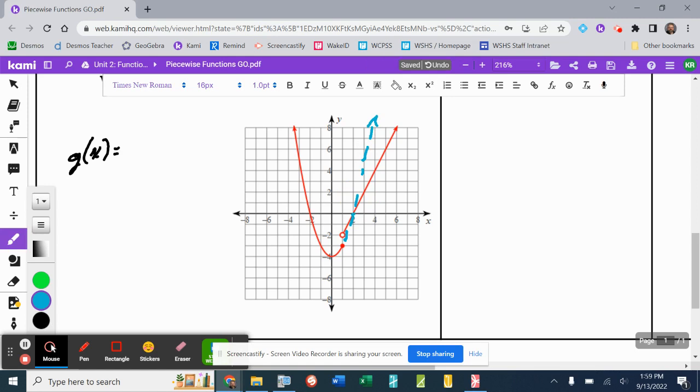So the method we're going to use here is the vertex formula for a parabola. And so remember, the vertex is just this point, this absolute minimum or maximum.